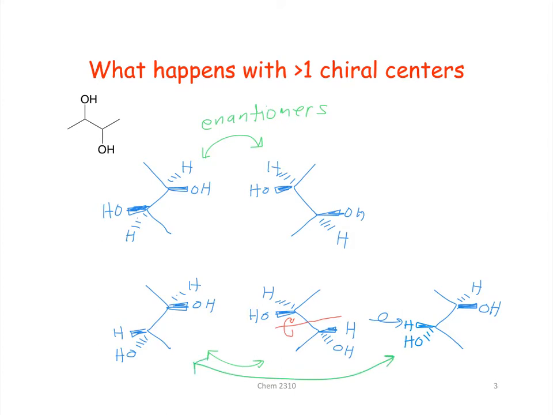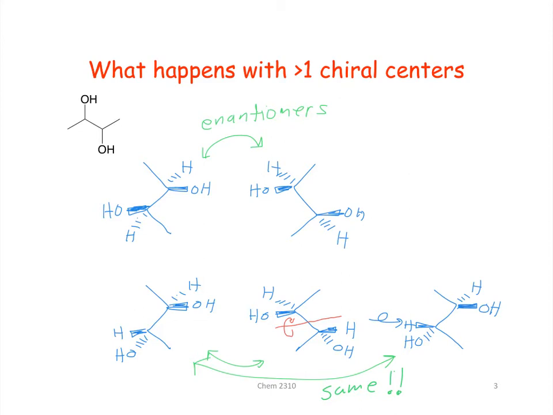The OH is up in this one, it's up over here, it's back here, it's back here. Dang, look at that, these are actually the same. Right, so they're not even stereoisomers, they're just the same molecule.